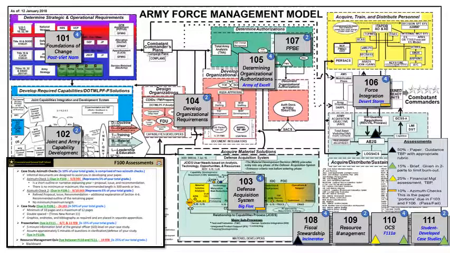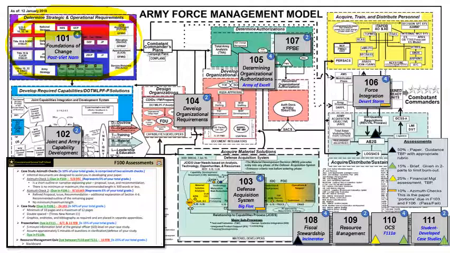with respect to classes. So for F101, you'll be looking at how strategy drives the force management process. You'll look at the national security strategy. Obviously, the executive branch produces it.